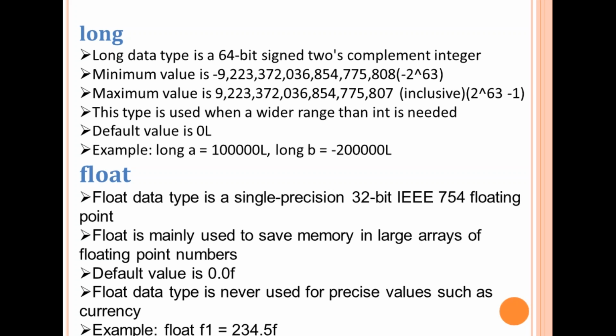This type is used when a wider range than int is needed. The default value is 0L, and an example could be long a equals 100,000L.